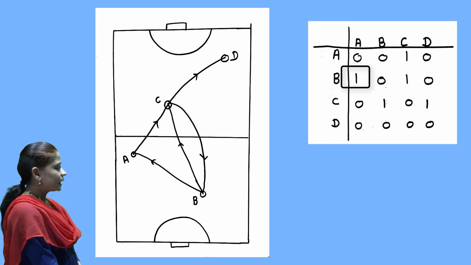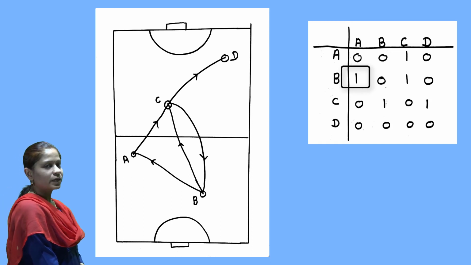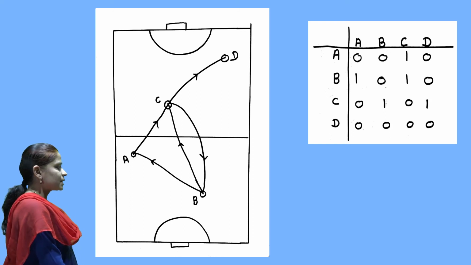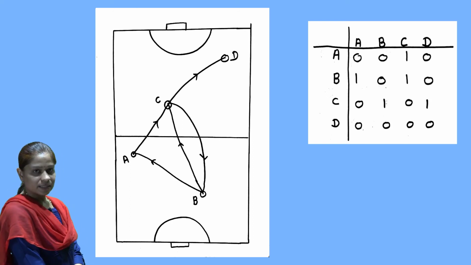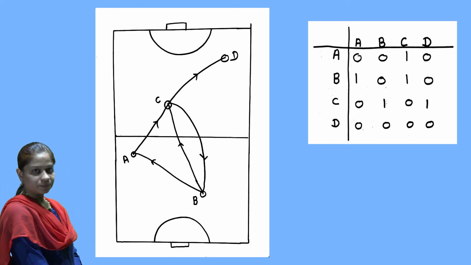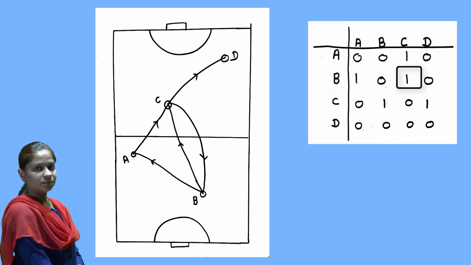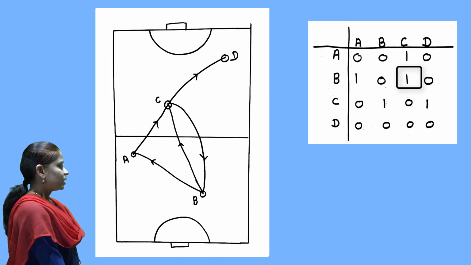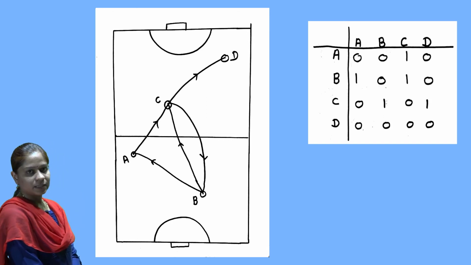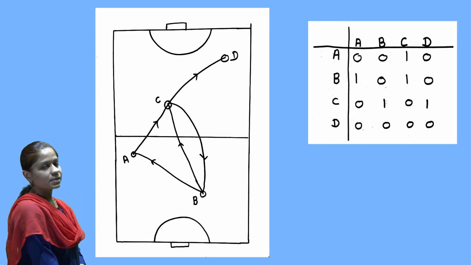Then check, has B passed the ball towards B? No, it is not possible. Has B passed the ball towards C? Yes, B has passed the ball towards C, so there will be a 1. Then check, has B passed the ball directly towards D? No, B has not passed the ball towards D, so there will be 0.